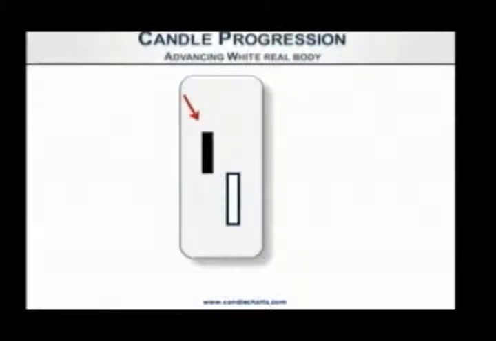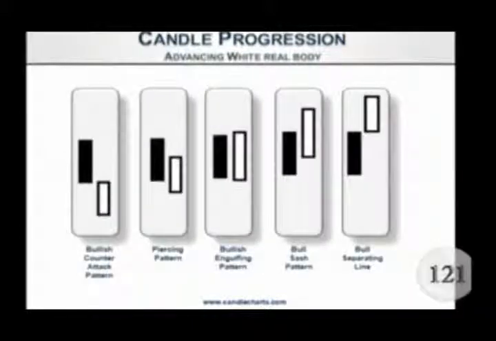We're going to have this black real body, the market's in a downtrend, and the white real body moves into the black real body. We're going to have this, and then that, and then that. These are all individual patterns, and we're going to analyze each of these patterns in sequence.